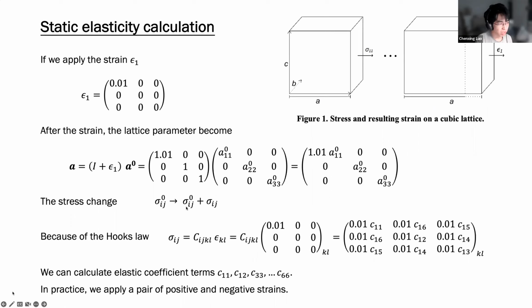And we can calculate the stress change from sigma naught to sigma naught plus this change. If we use Hooke's law to calculate what we expect it to change, we will have this tensor, CIJKL times the original epsilon 1.